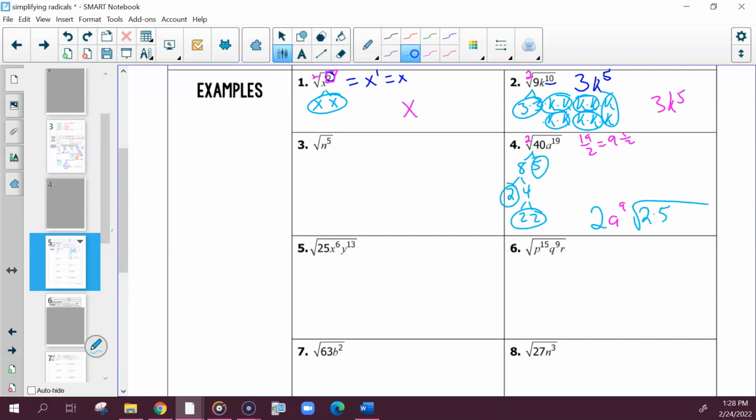And then we know that there's still one A left over inside. So when we write our final answer, it would be 2A to the 9th times the square root of 10 times A. I know that probably was super confusing, but we're going to do a couple more problems like that.